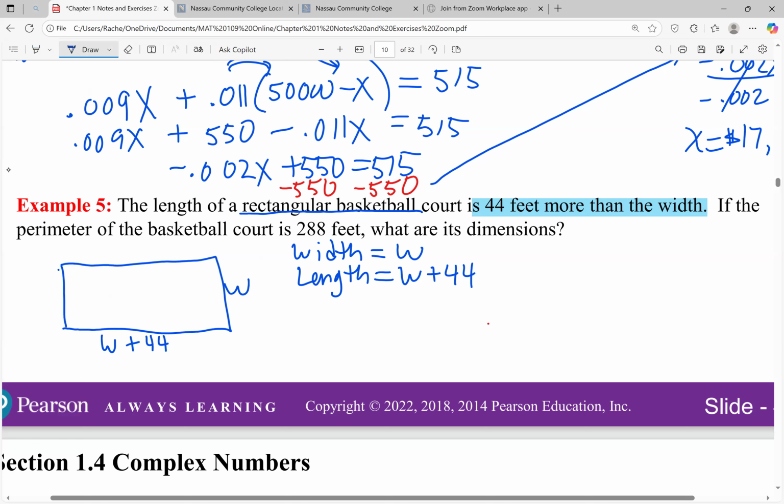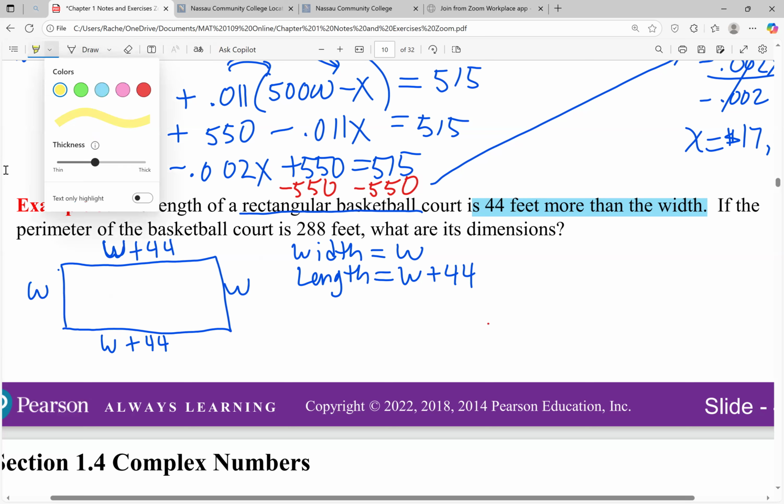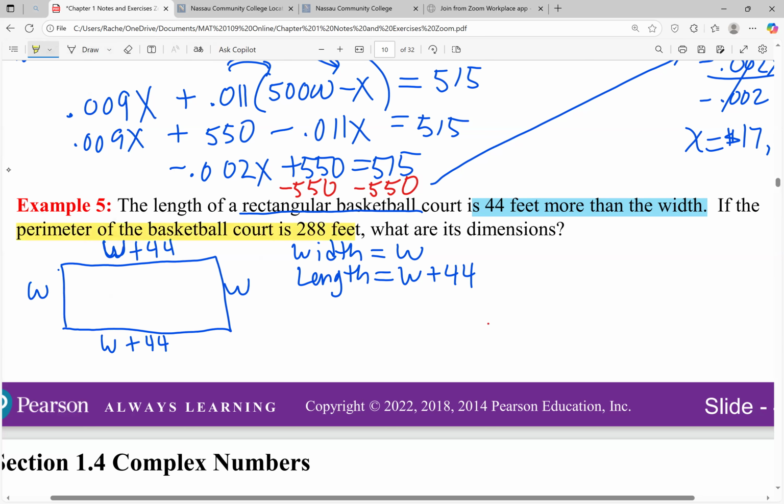Now, we know opposite sides are equal, right? So the opposite side on the width on the left will be W, and then the top length is also going to be W plus 44. Now, we know that the perimeter of the court is equal to 288 feet. Now, remember, perimeter is when you add up all the sides of the figure.